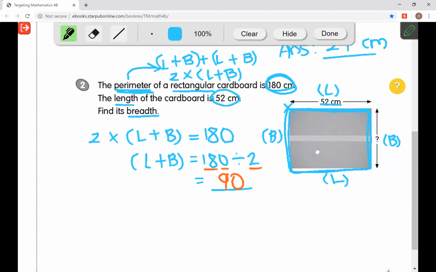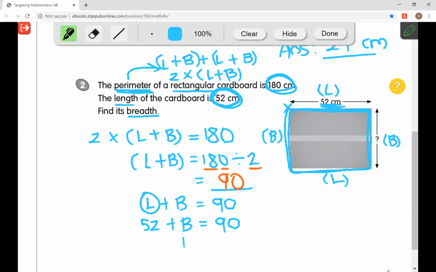So now I know that length plus breadth equals 90. And from the question, you can see that the length is given, it is 52 centimeter. So length over here is given, it is 52. And plus the unknown breadth, I just leave it as B. That gives me 90.